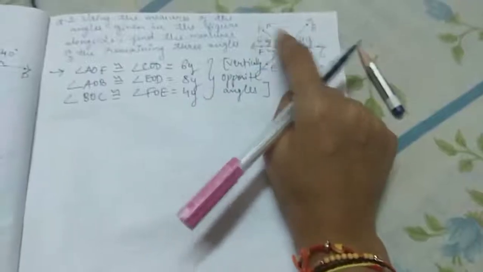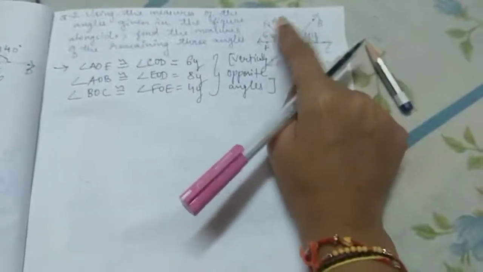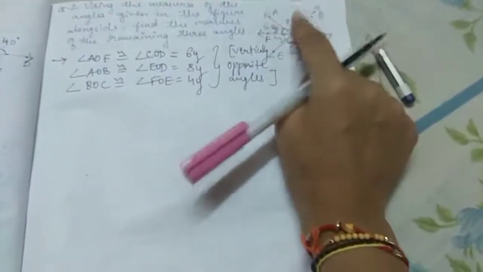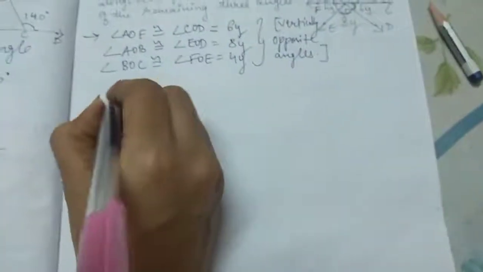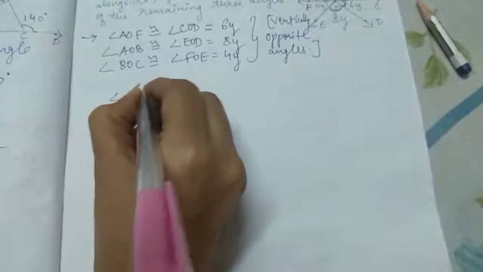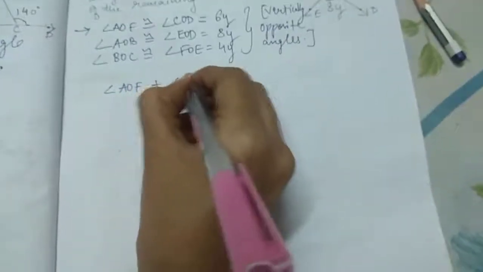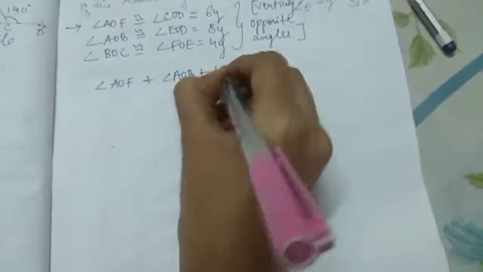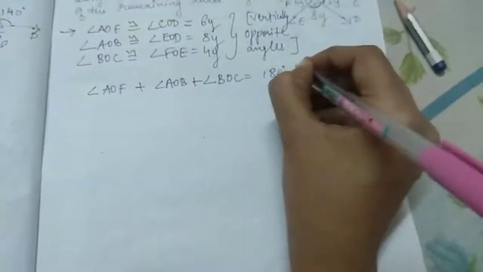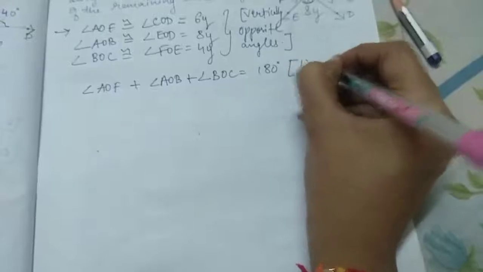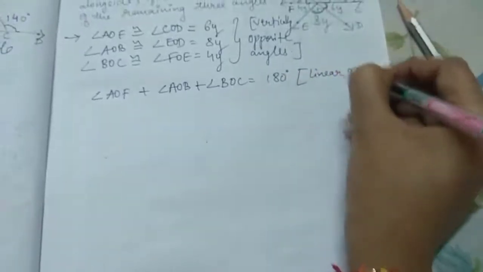Now we have to take three linear angles. So AOF, then AOB and BOC. When we add these three angles, we will be getting 180 degrees. So angle AOF plus angle AOB plus angle BOC gives 180 degrees. Why? What will be the reason? Linear angles.